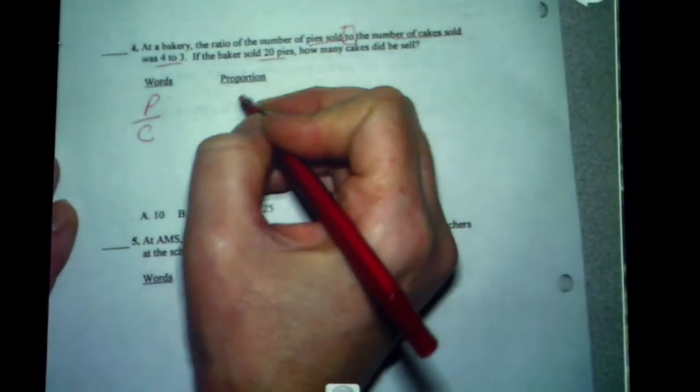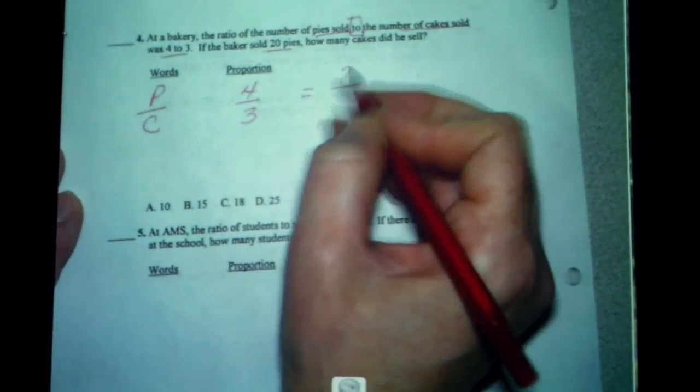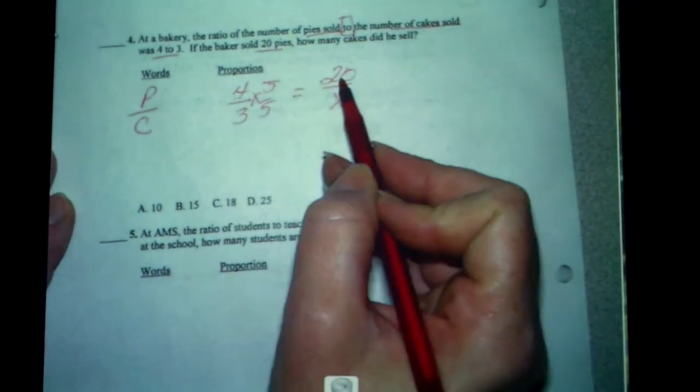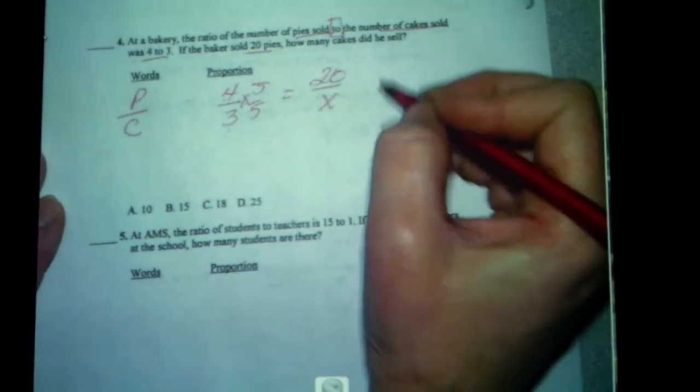So I have 4 pies, 3 cakes. If I have 20 pies, how many cakes? I'll multiply by 5 over 5. 4 times 5 gives me my 20. 3 times 5 gives me my 15. So my answer is 15 cakes.